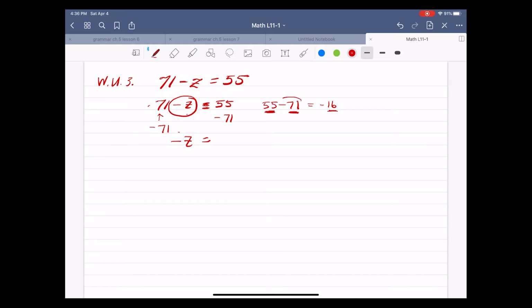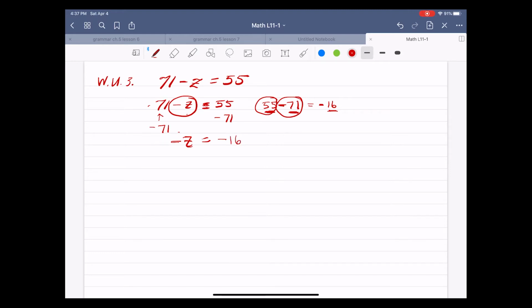And then we say, what number appears to be the largest? It's the 71, so we've got to take that sign in front, which is a negative, and we're going to put it in front. And hopefully some of this verbiage you're hearing is reminding you of things we've gone over in the past, but it's okay, you're going to get it. So our answer is negative z equals negative 16.